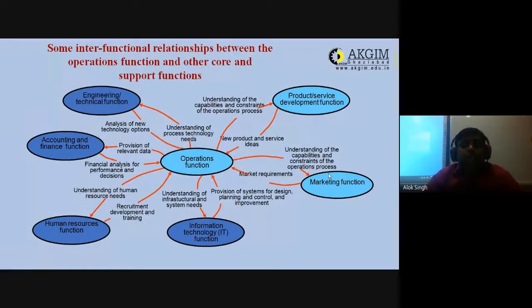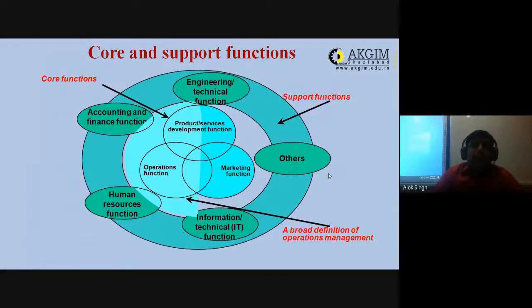Whether they require production planning, material management, inventory management, supply chain management, or CRM. You need to assess the need of your operations function, and you will provide those modules or that IT related infrastructure to your operations function. Okay, so this is basically core and support functions and the interrelationship between these functions.